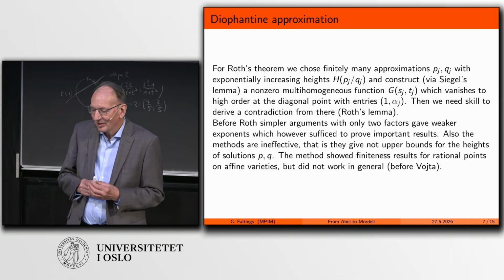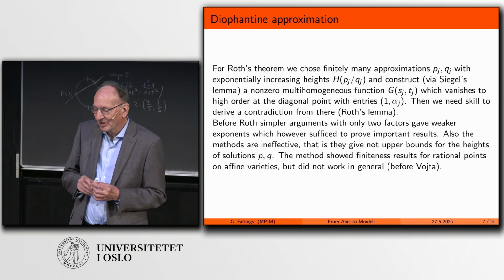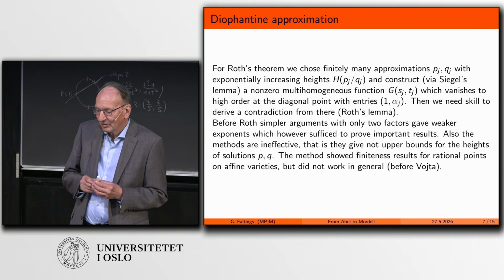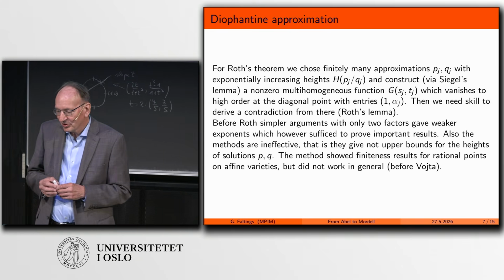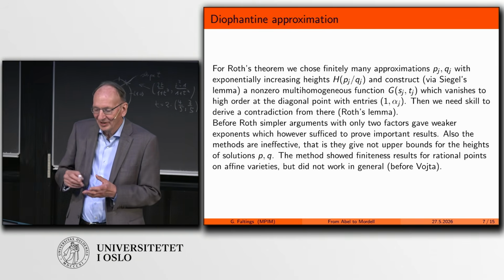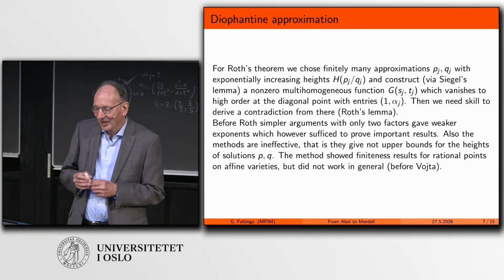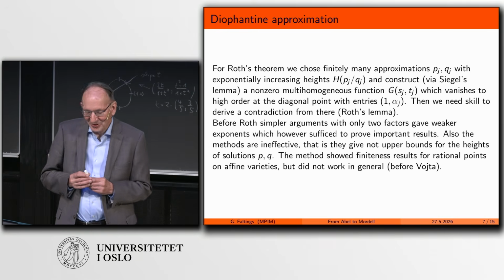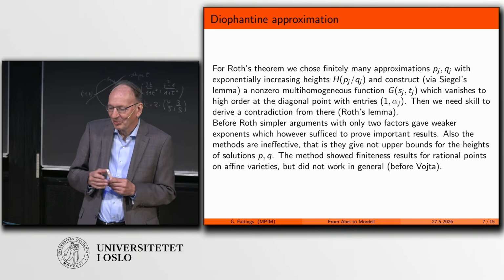If you have good approximations of an algebraic number, and there are infinitely many of them, you choose them so that the heights strongly increase, and then find an auxiliary function which vanishes to higher order at these points.